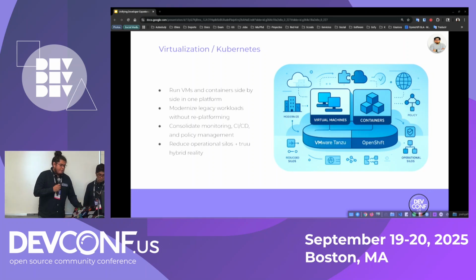By running VMs and containers side by side on a single platform, we no longer need to maintain separate silos for legacy and cloud native applications. That means we can modernize legacy workloads without forcing a replatforming effort, giving business the flexibility to evolve on one platform.